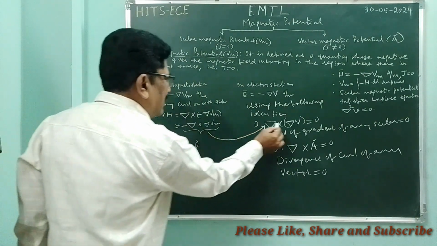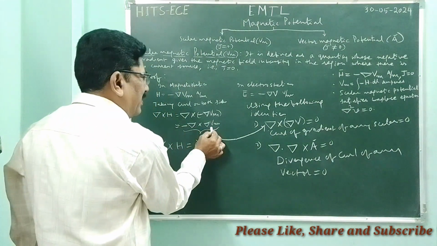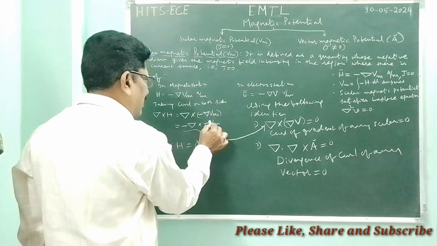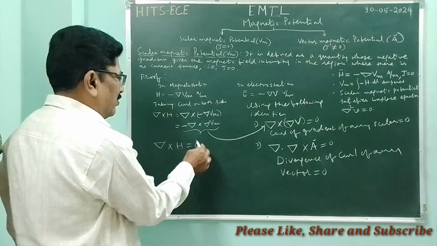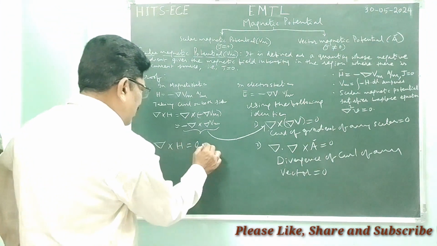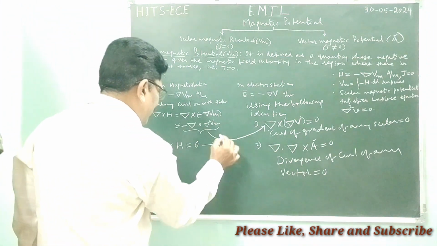Why? Because this identity is similar to this: del cross del V. Here Vm is also a scalar, so del cross del V is equal to 0. Minus of 0 is 0 only. So del cross H is equal to 0. Let this be equation number 1.